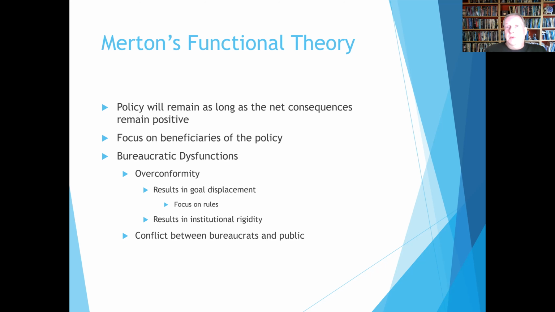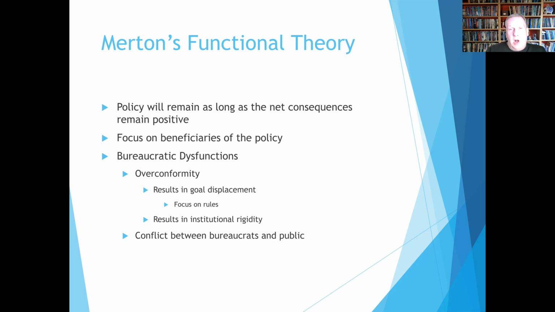That focus on rules and regulations also engenders a lot of rigidity. As organizations go through their life cycle, they hit a point called institutional rigidity, where because of all the rules, regulations, policies, and procedures they have put in place over time, they become very rigid organizations. The more rigid they become, the more they build walls and barriers between the organization and members of the public.